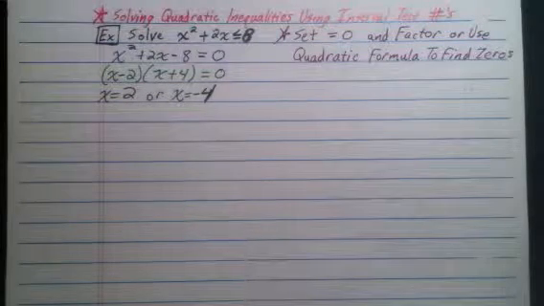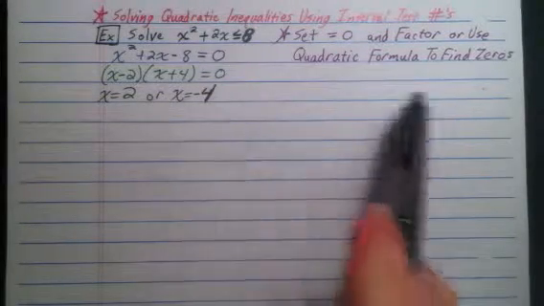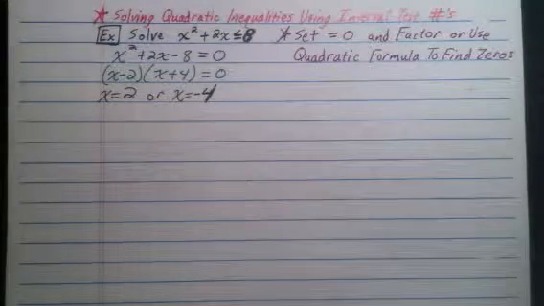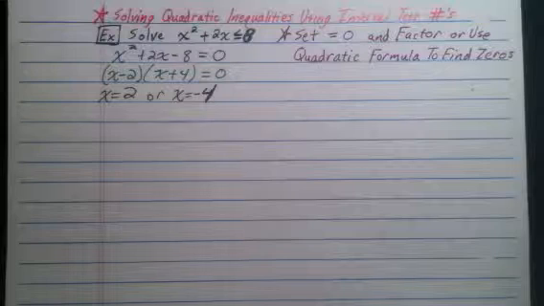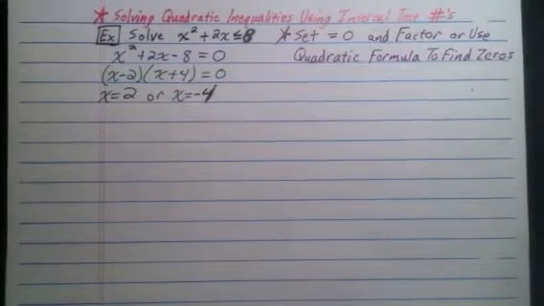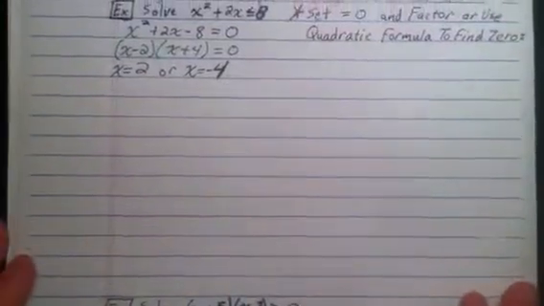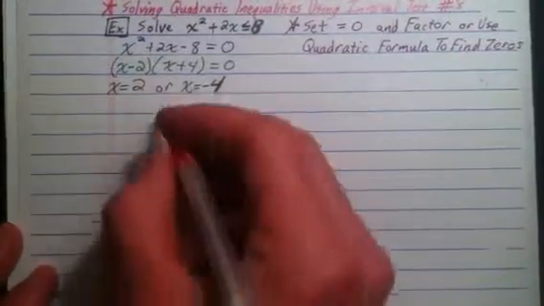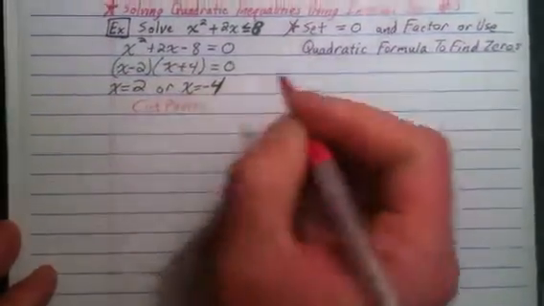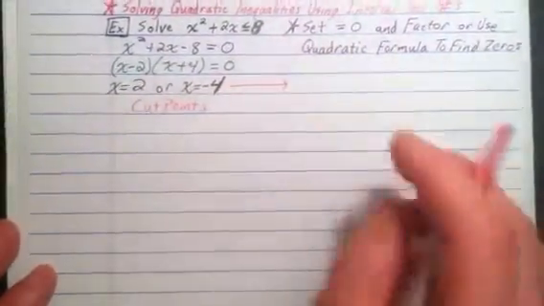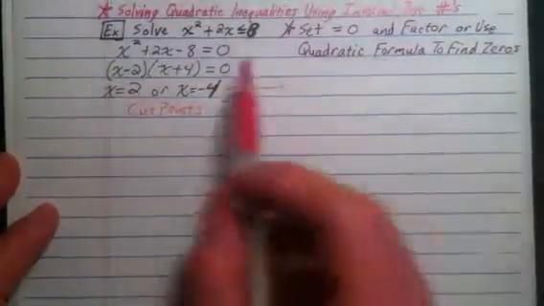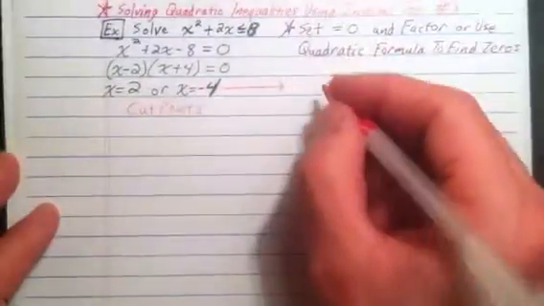When we do it this way, we still want to draw a number line, just a horizontal x number line, and we use -4 and 2 as our cut points. So I'm going to call them cut points. And we want to make a line graph of the intervals that these cut points now create.